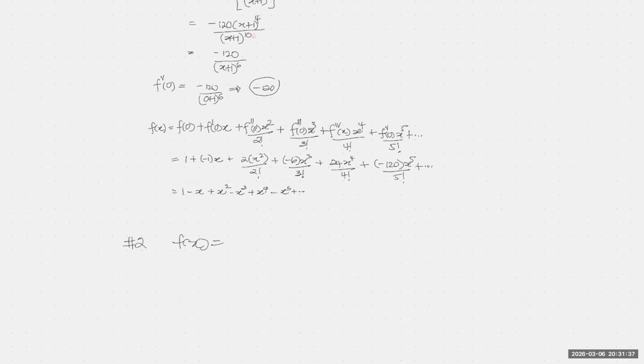So understand what it is that I'm writing here. f of x is going to be equal to 2x over x plus 1.